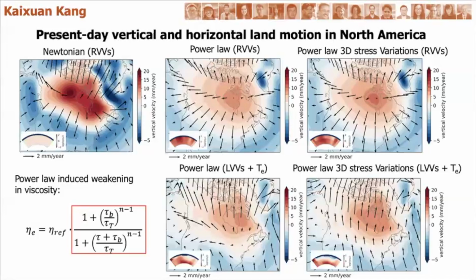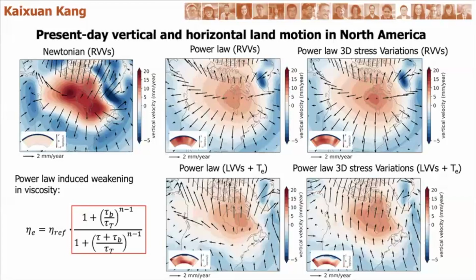The left is the non-Newtonian one, and all of those are the Newtonian rheology, for which I just use different parameters for the stress, like background stress, the tectonic stress, 3D or 1D, also the transition stress. So overall, between the Newtonian and the non-Newtonian, for the non-Newtonian model, all of those vertical and horizontal velocities just decrease dramatically.